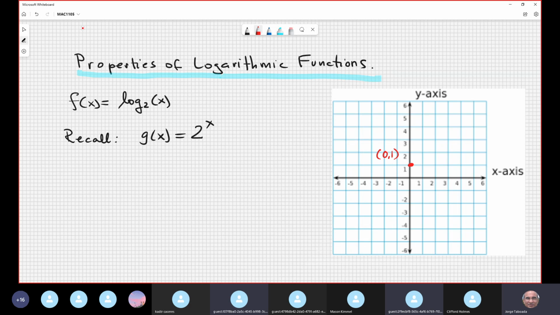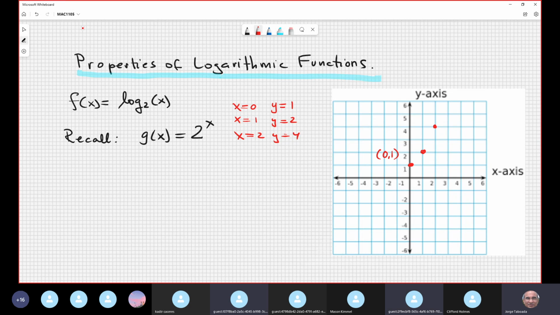Another important point is x equals 1, y is 2, because it's 2 to the first power. Another point: x equals 2, y equals 4, because it's 2 to the second power.